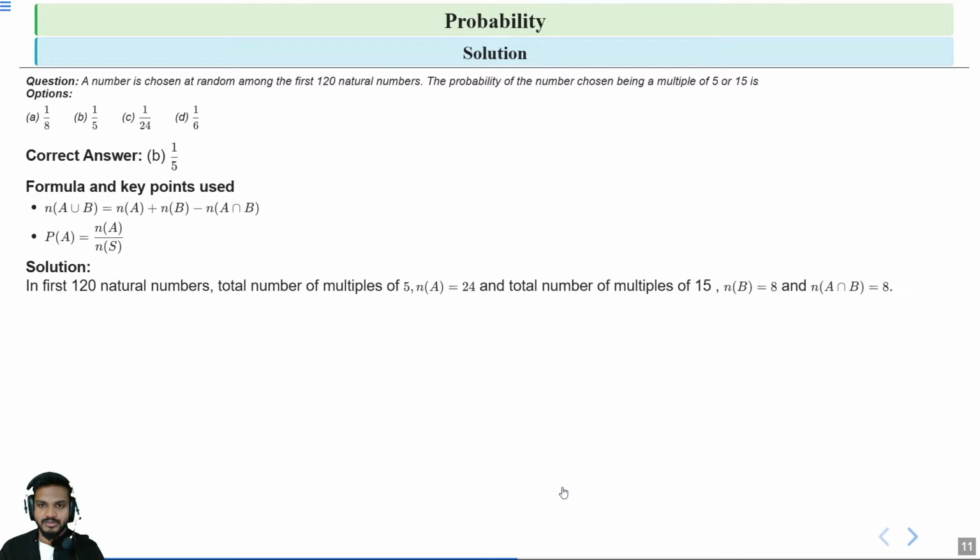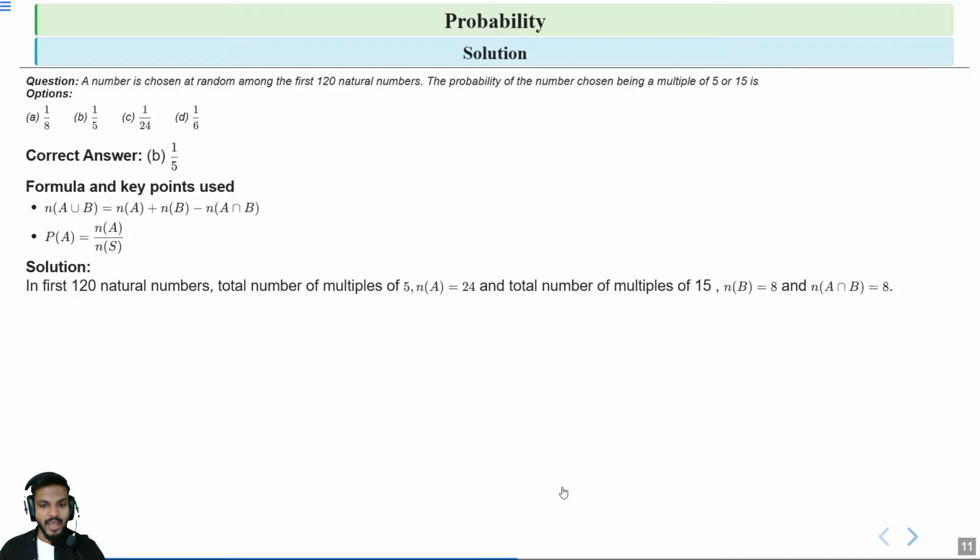So in total we have the first 120 natural numbers, and to find the number of elements in the event, the total number of multiples of 5 till 120, that is n(A), is 24. How do we get this? Just divide 120 by 5, as 120 is a multiple of 5. So we get 24 multiples, and the total number of multiples of 15 is 120 by 15, that is 8.